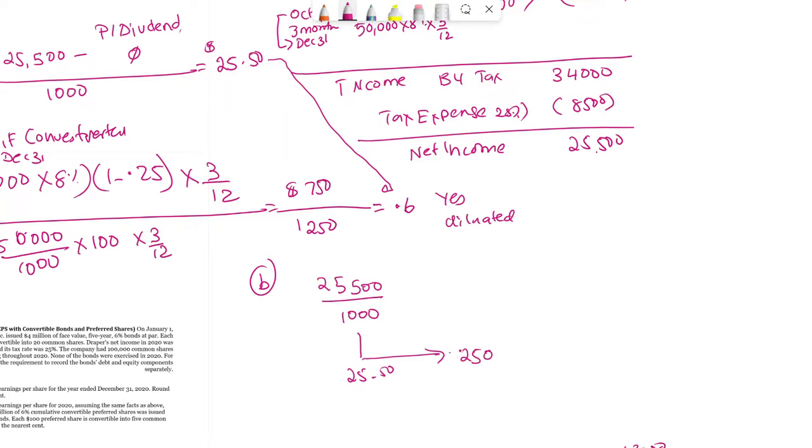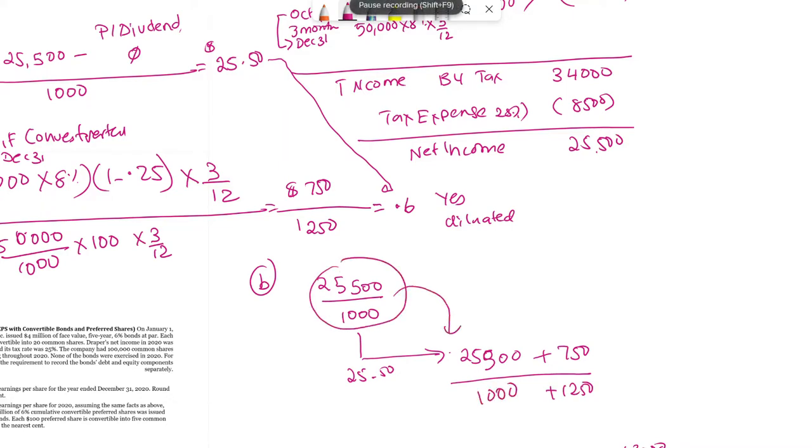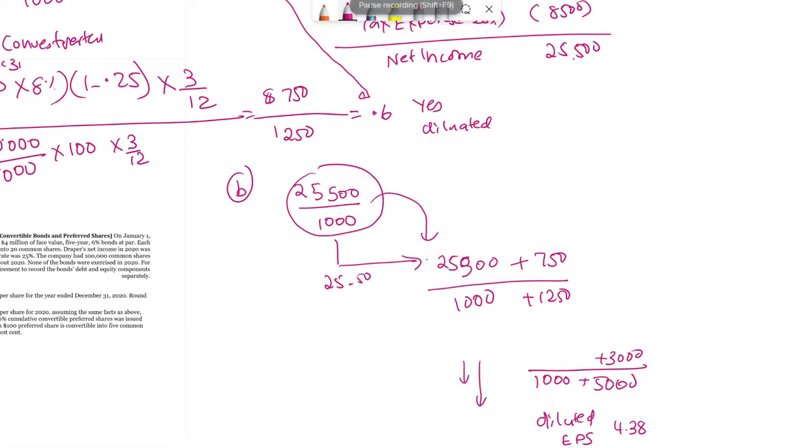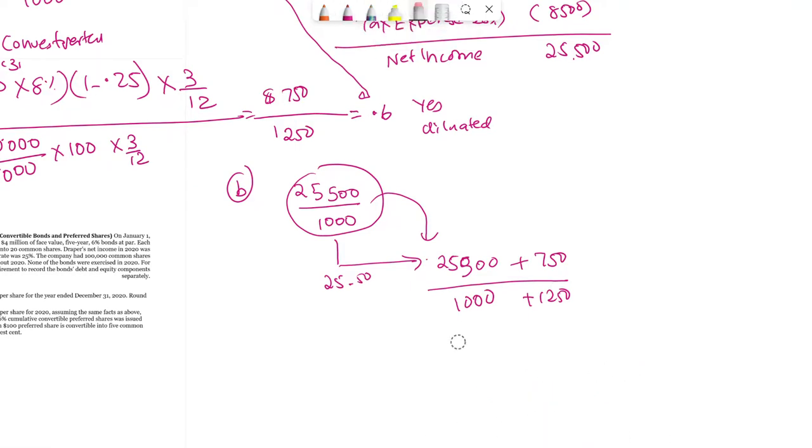In this case, we only have one diluted security, and at the top you add 750, at the bottom you're going to add the 1,250, but our basic was 1,000. So in other words, whatever we did under basic, you repeat that, and then you do your next one. So let's see what we did in this case.